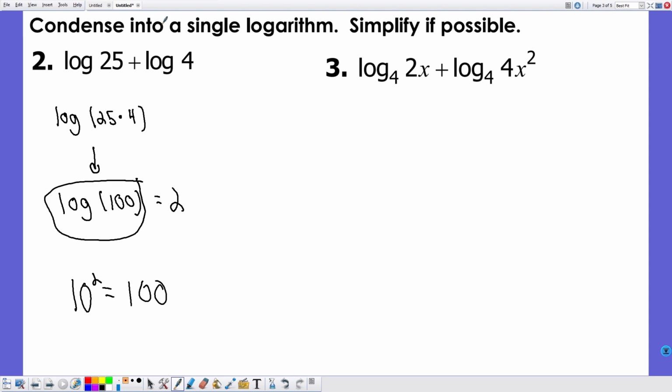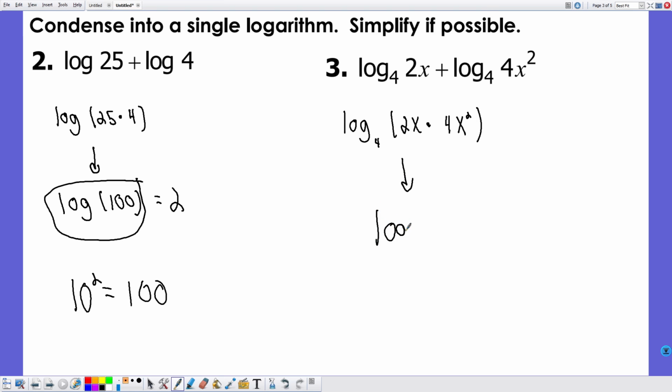So let's just move on to part 3. Same base 4, so let's combine them together. Log base 4, and we have 2x times 4x squared. We can simplify that.